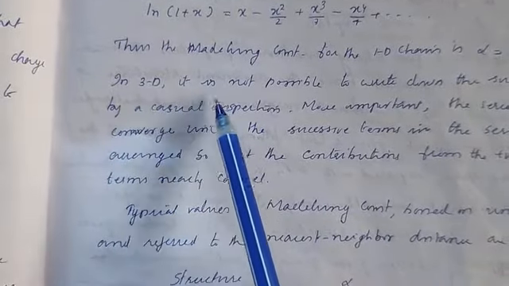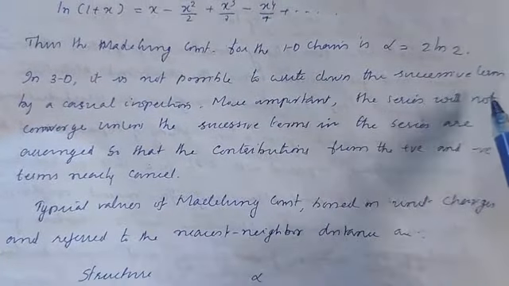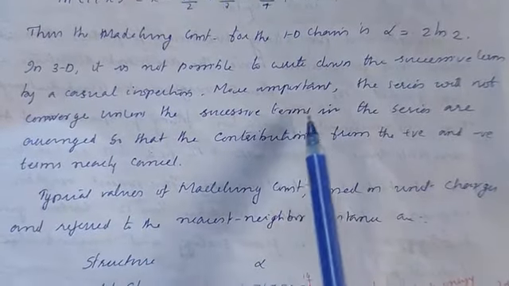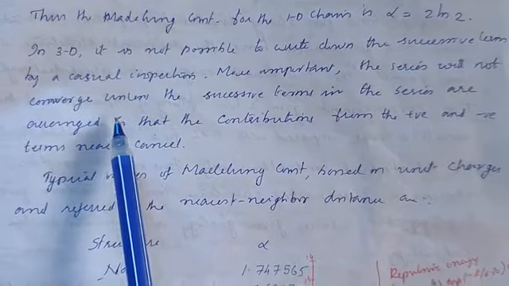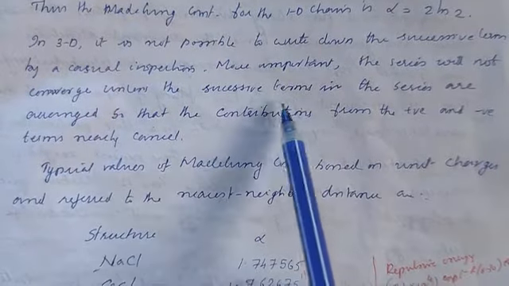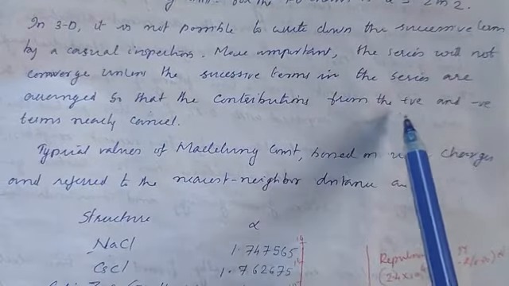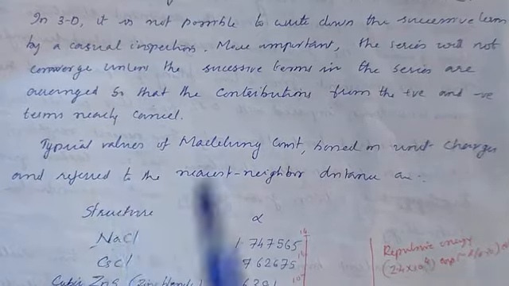In three dimensions, it is not possible to write down the successive terms by casual inspection. More important, the series will not converge unless the successive terms in the series are arranged so that the contributions from the positive and negative terms nearly cancel.